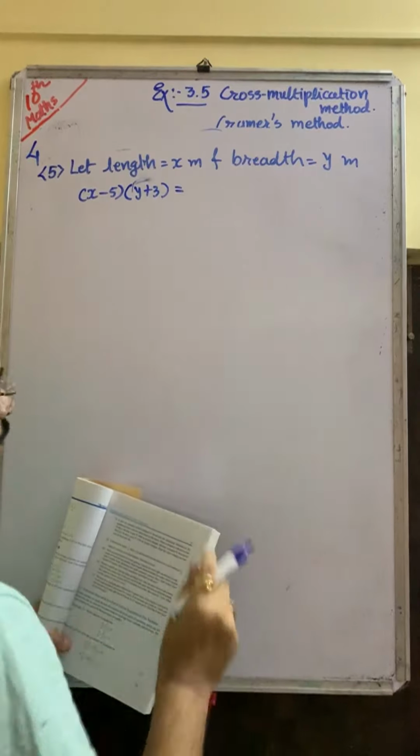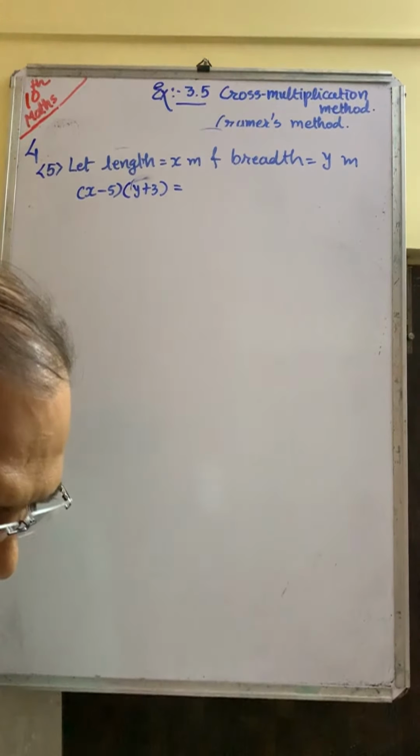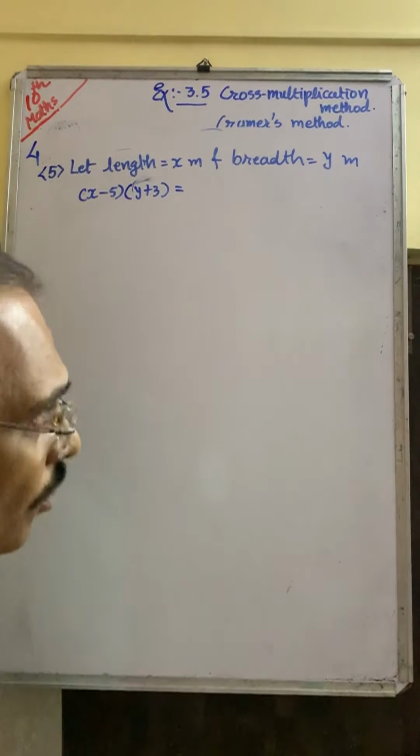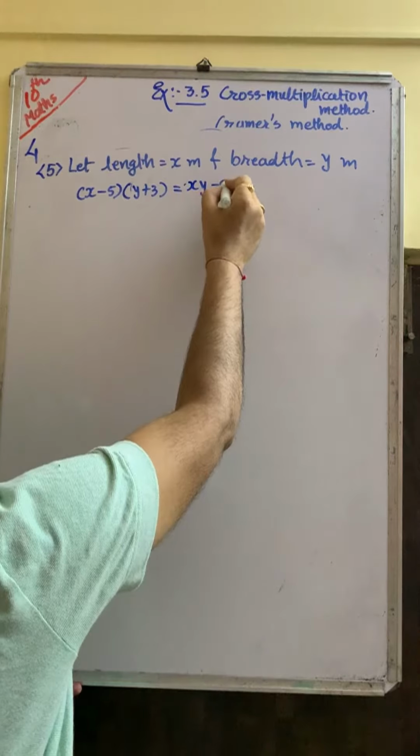You know the area of a rectangle is length into breadth. The area is reduced to 9 square units, so the area of the rectangle x into y is reduced by 9.